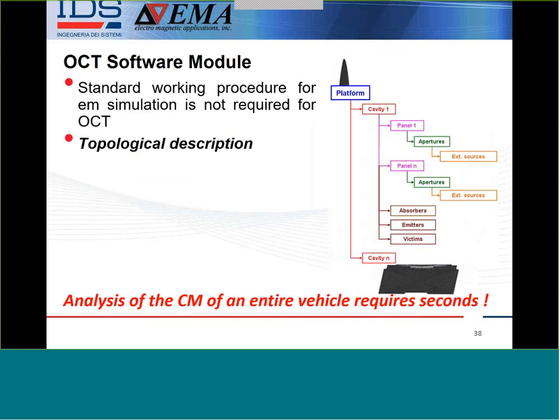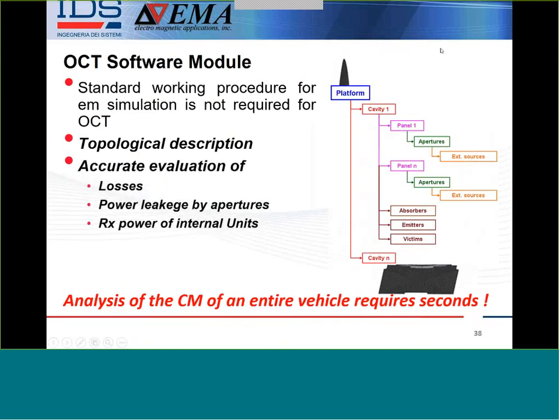And we're going to look at the losses in each cavity from absorbers and re-radiation out other apertures. We're going to look at all the different ways that the energy can couple in and out of that region, and we will do that for the entire platform. So we're going to look at losses, power leakage to the aperture, and the received power of the internal units.